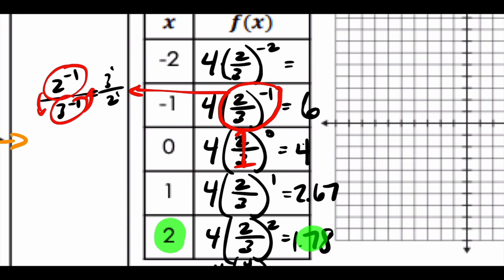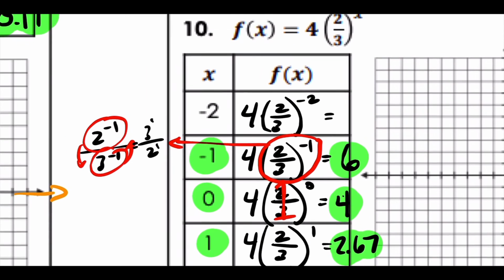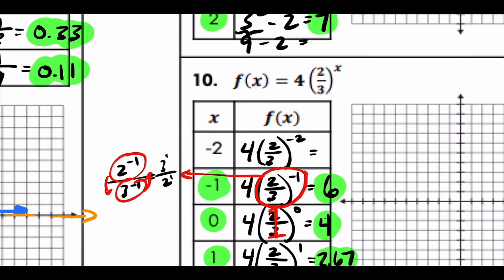Okay. One more, and then I can go graph. Negative 2. So I have negative 2 here. Oops, I don't want that whole thing, I just want this guy here. So each of them is going to get a negative 2, right?